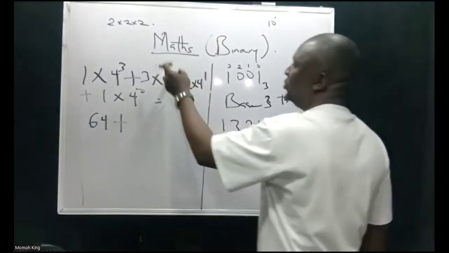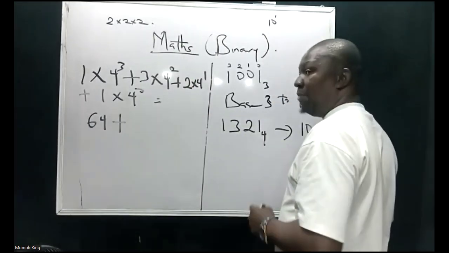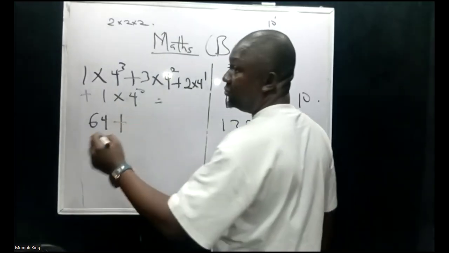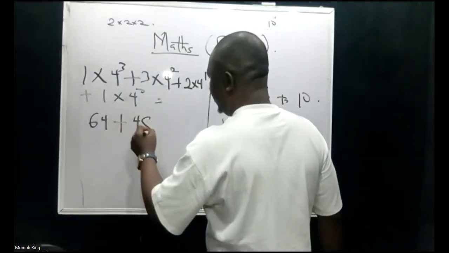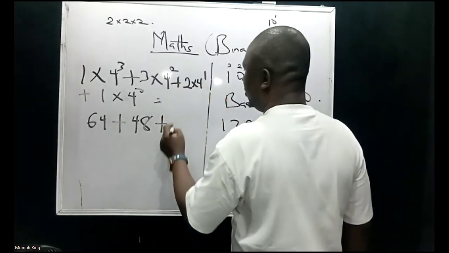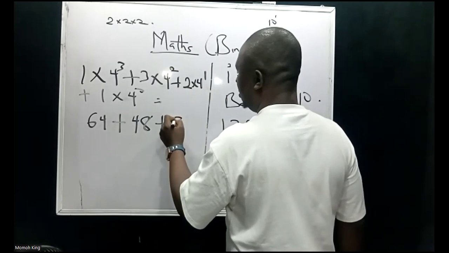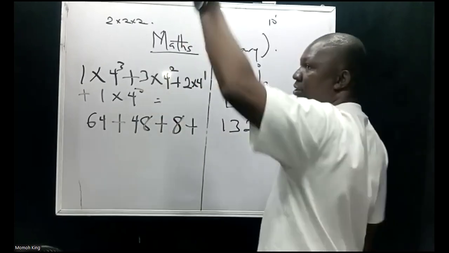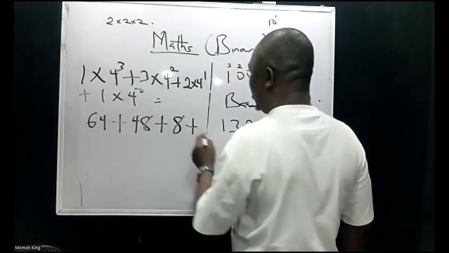4 to the power 2 is what? It is 16. 16 times 3 is what? 48. Plus what? 4 to the power 1 is 4. 4 times 2 is 8. Plus 4 to the power 0 is 1. 1 times 1 is 1.